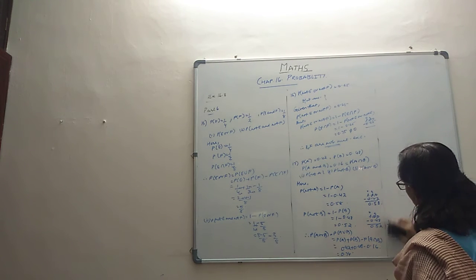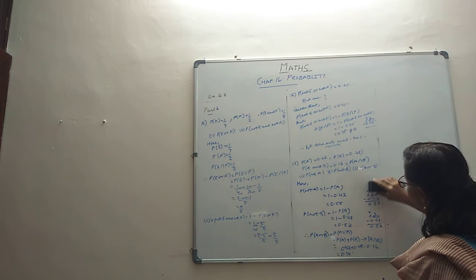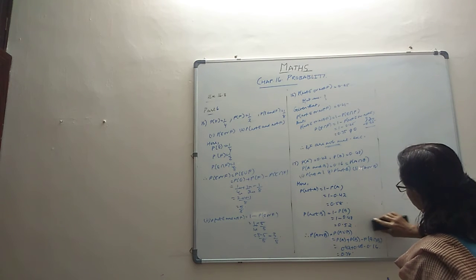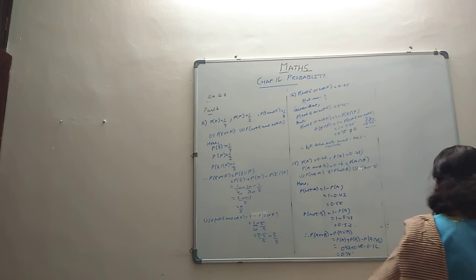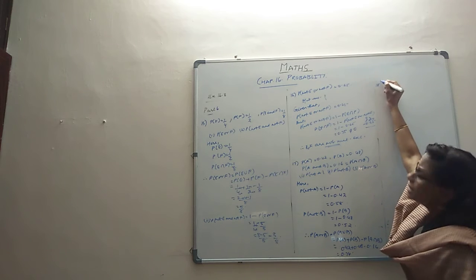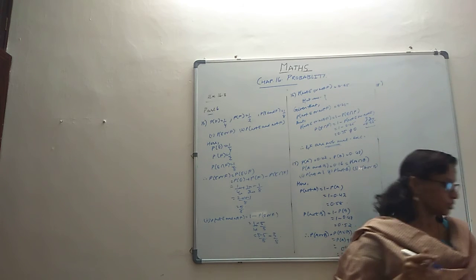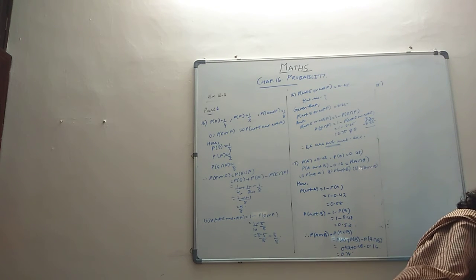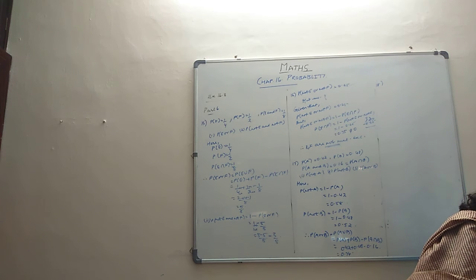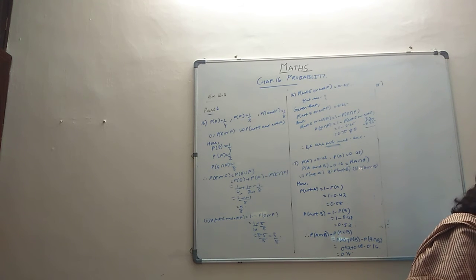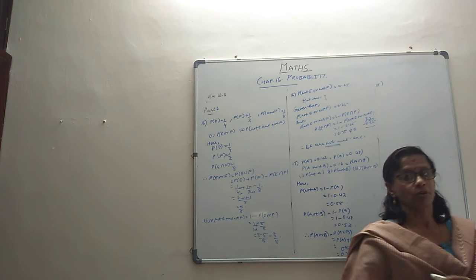Now we come to problem number 18, and let's see what it means. It's a word problem. Nothing new because we've done that in sets. It's just an extension of that. I'll read the question. In class 11 of a school, 40% students study mathematics, 30% study biology, and 10% study both mathematics and biology. A student is selected at random. Find the probability that he will be studying mathematics or biology.